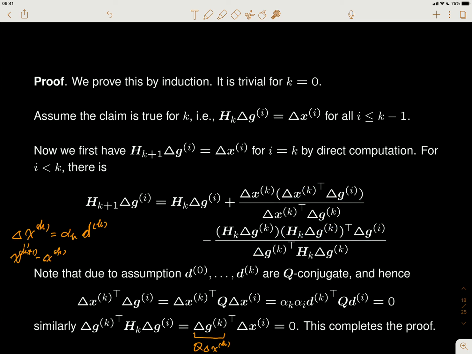Then I'll just have this equal to H_k delta g_i for i less than k, and I know this is just equal to delta x_i. That completes the proof because this is equal to delta x_i. So this shows that the DFP update rule also is a quasi-Newton method.